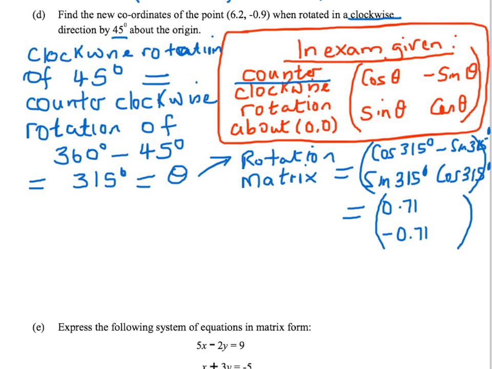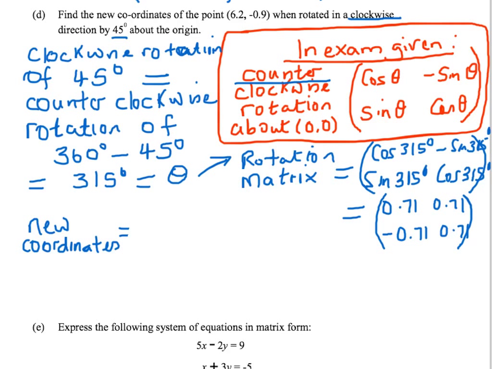Now if you take out your calculator and work out the cosine of 315 degrees, you'll discover to 2 decimal places the answer is 0.71. If you work out the sine of 315 degrees, you'll discover that to 2 decimal places the answer is minus 0.71. So if I fill in the last 2 places, this is going to be 0.71 also. And this one here is going to be a minus and a minus, so it's going to be a plus 0.71.